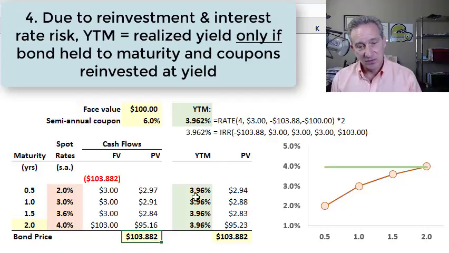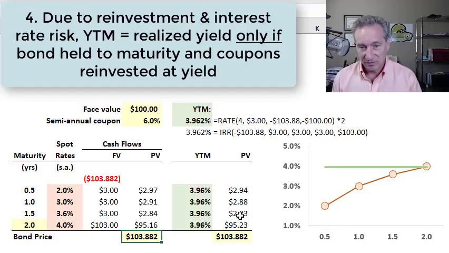It's the internal rate of return, so the yield to maturity here of, let's say, 3.962% will only be the realized return if we hold this bond to maturity and if we reinvest these coupon cash flows at the same yield to maturity, because the bond has both interest rate risk, also called duration risk, and reinvestment risk.